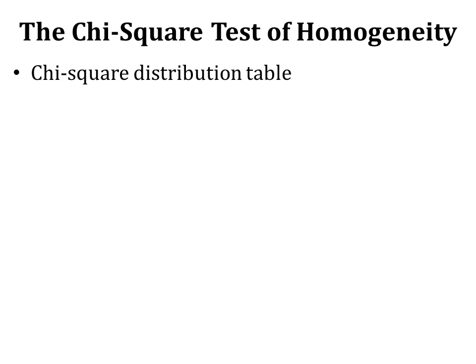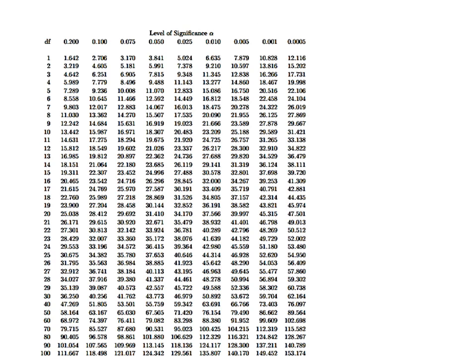So this is our chi-square distribution table, and in this table, as you can see, the columns represent the probability values for different levels of significance, and they are arranged in rows according to the degree of freedom. So what was our degree of freedom in this case? It was 3.